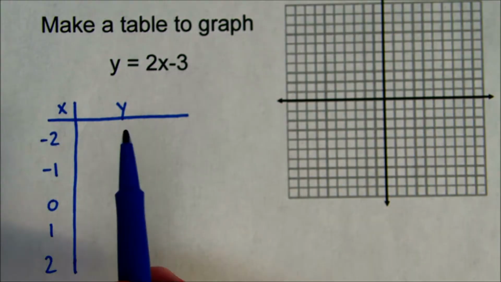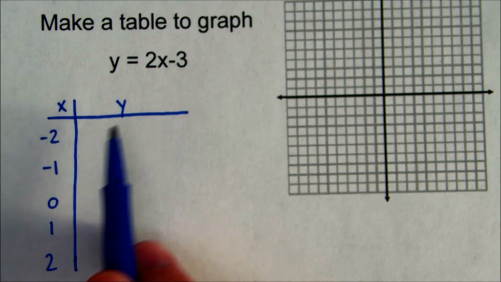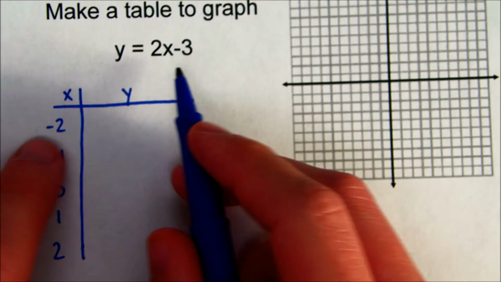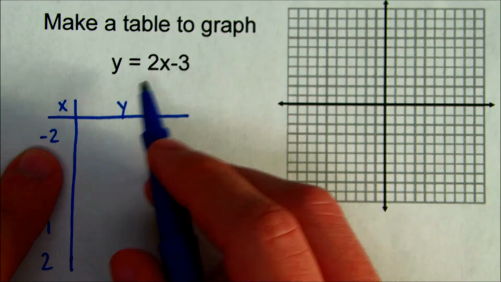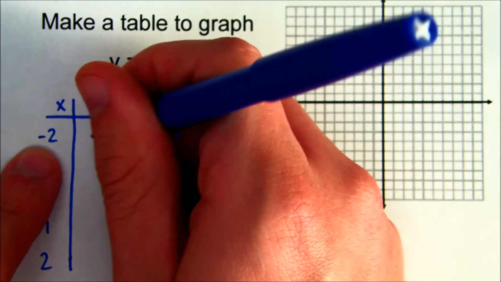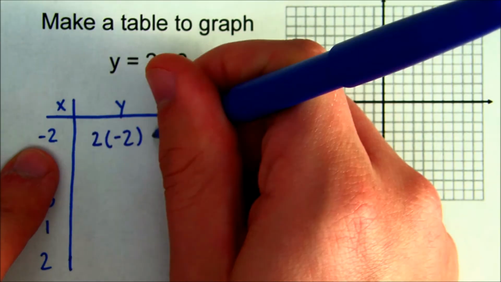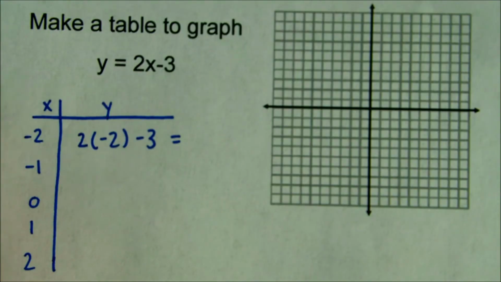Now in order to get the y to go with this x, I'm going to replace this x with -2, meaning substitute -2 for x. What it would look like is 2 times -2 minus 3. From here, we follow the order of operations, or we can just use our calculator.